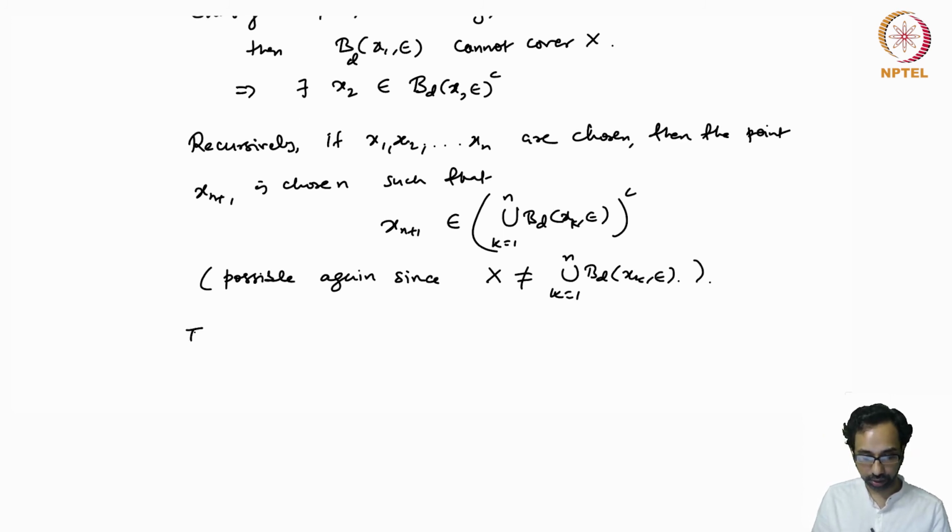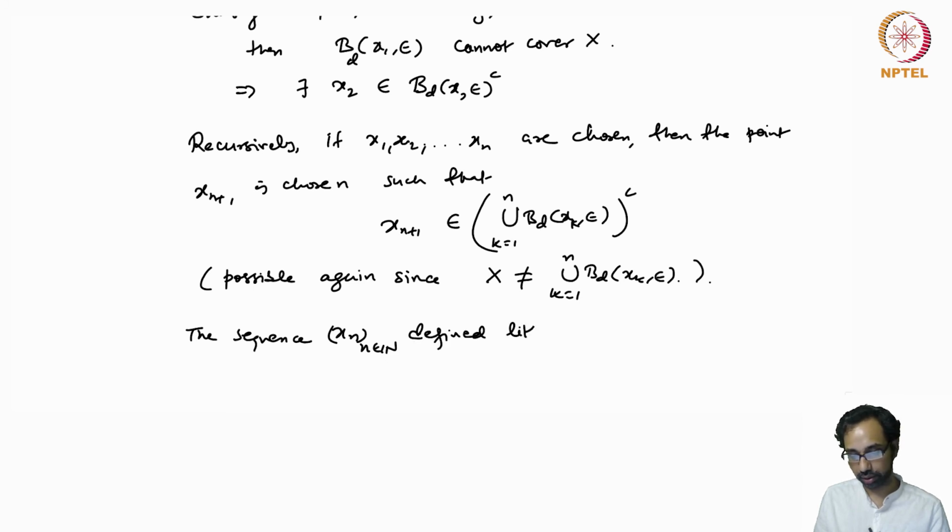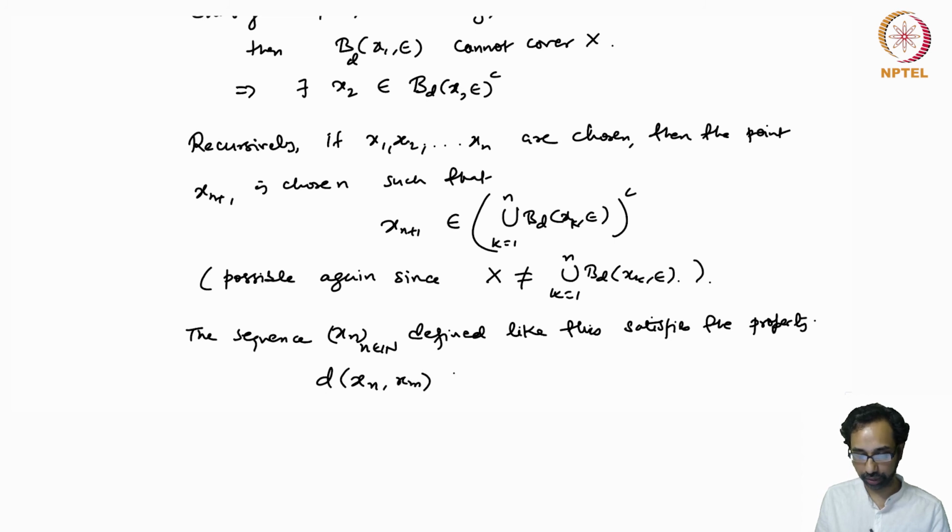And the sequence xn defined like this satisfies the property that d(xn, xm) is greater than or equal to epsilon. This is because we are choosing xn plus 1 away from each of these xk's with a distance more than epsilon. So therefore d(xn, xm) is greater than or equal to epsilon for all n, m distinct in the natural numbers.